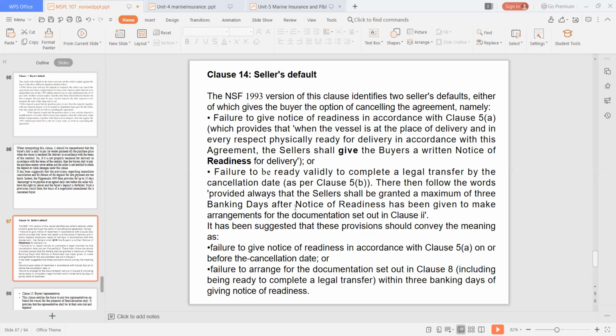Then follow the words provided always that the seller should be granted a maximum of 3 banking days after notice of readiness has been given to make arrangements for the documentation set out in.